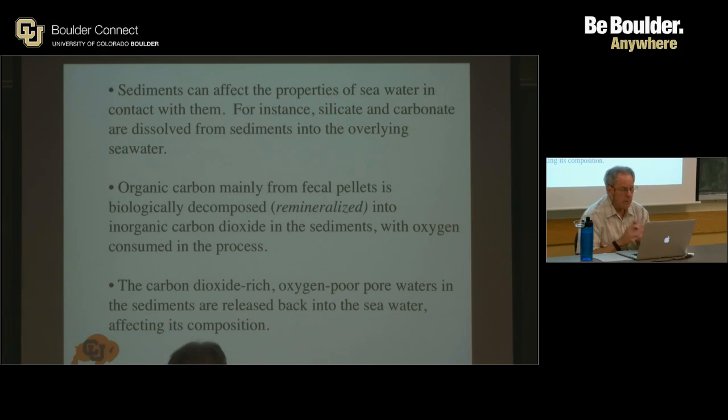The important thing about that is this oxidation process takes place as the dead critters die and are falling through the water column. So their bodies are being oxidized, and that uses up oxygen in the water. Carbon dioxide-rich, oxygen-poor waters in the sediment can be released back into the water.